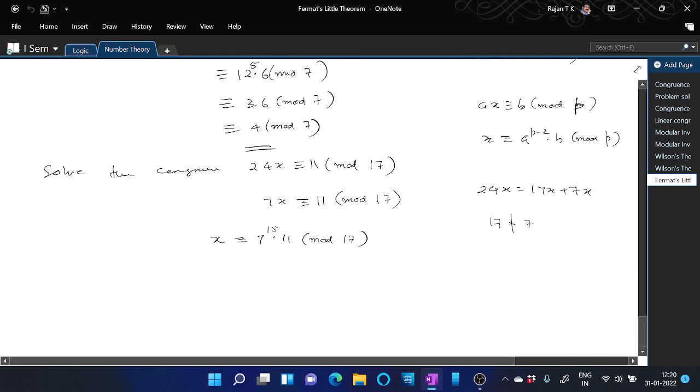Now we have to find the least residue of 7 raised to 15 into 11 modulo 17. We know 7 square is congruent to minus 2 mod 17.